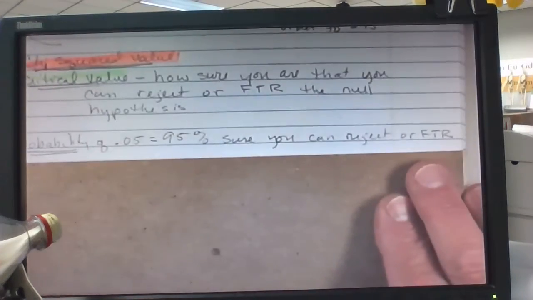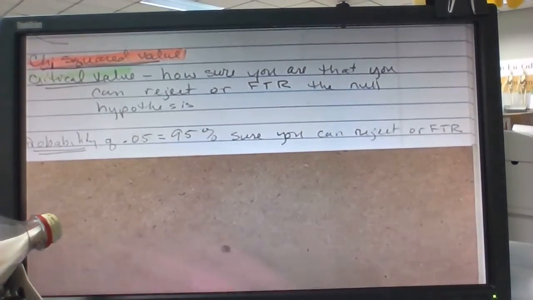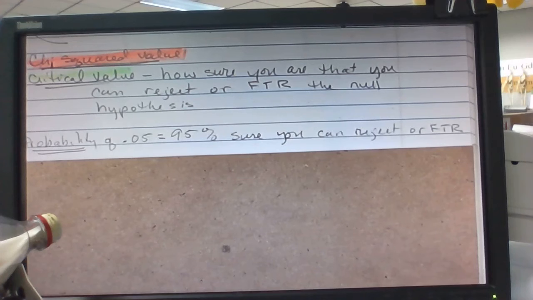All right, probability. I can't imagine a time where we will use a probability other than 0.05. However, it is entirely possible that an AP Biology test question will say, analyze it using a probability of 0.01.